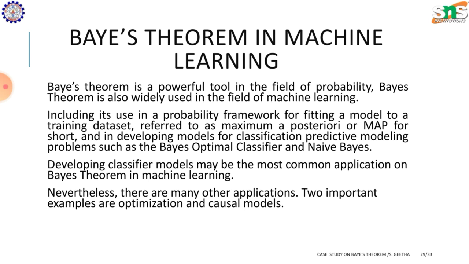Bayes' theorem is also widely used in the field of machine learning, including its use in a probability framework for fitting a model to a training data set, referred to as maximum a posteriori or MAP for short, and in developing models for classification predictive modeling problems such as Bayes optimal classifier and Naive Bayes.